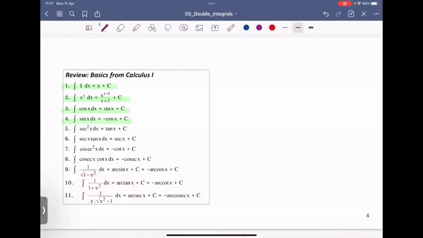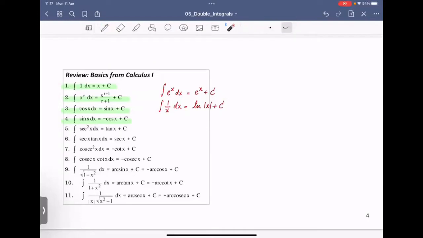There are also two other formulas that you use a lot. Integrate e to the x dx, you get e to the x plus c, and another one is integrate 1 over x dx, you get log absolute x plus c. This is the one that you use a lot.